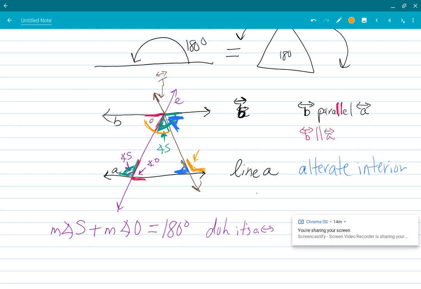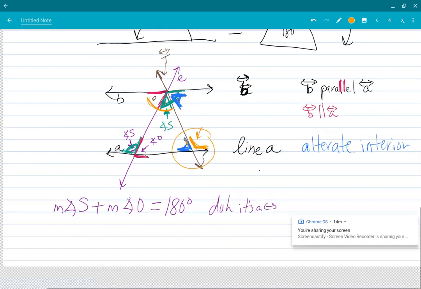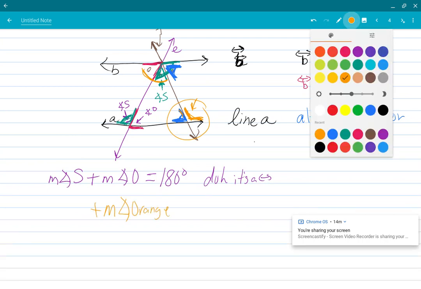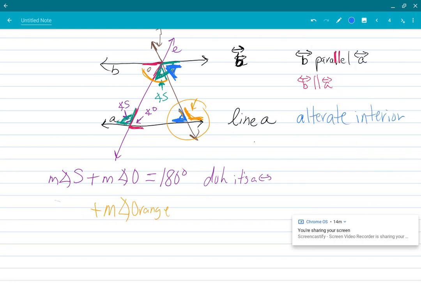So what is angle blue plus orange? I'll name them by color. 180. So the measure of angle orange plus blue equals 180. You don't have the colors, and it's okay.